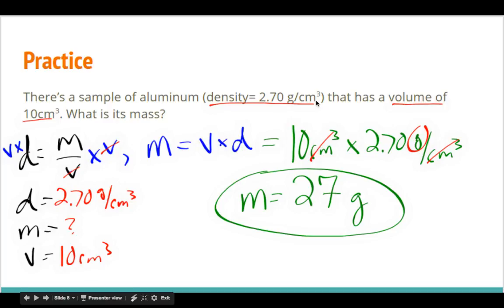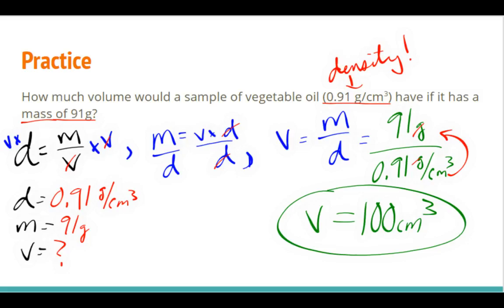When you write down density is 2.7, you write that down here. You don't know mass, volume is 10. All you have to do is take 10 times 2.7, or volume times density, and that gets us 27 grams. Notice that your units, centimeter cubed, are going to cancel out because you have it on top here and on bottom there, and you're left with grams. So our mass of this sample of aluminum is 27 grams.